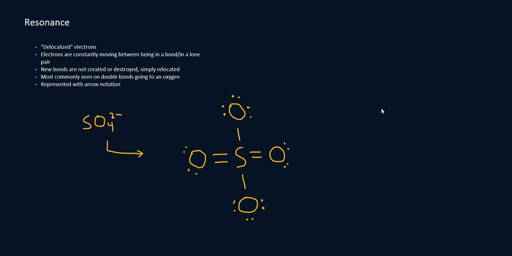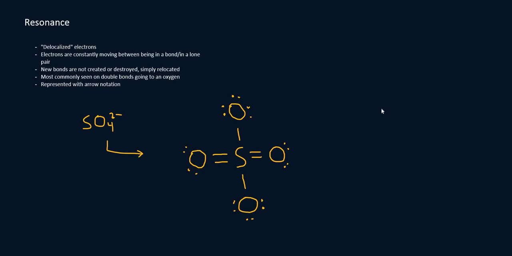So what is resonance? If you want to get technical, resonance is called a delocalization of electrons. We normally like to think of electrons as highly mobile, and typically if electrons are going to find a new place to go, they're going to go to that new place.